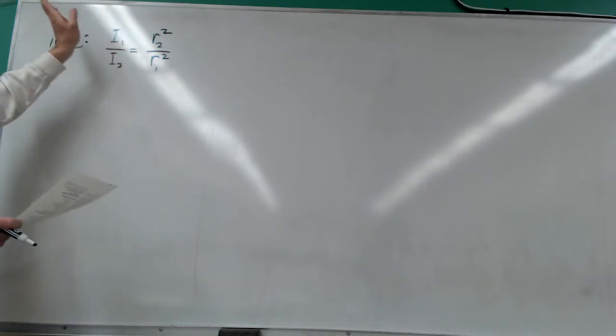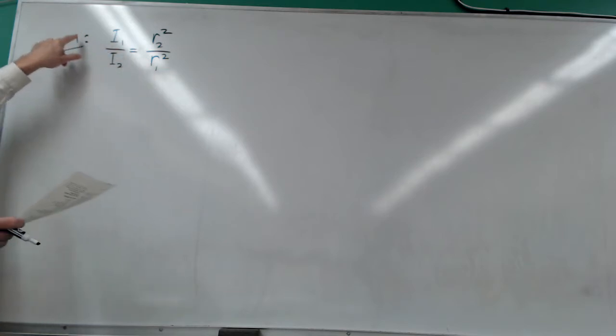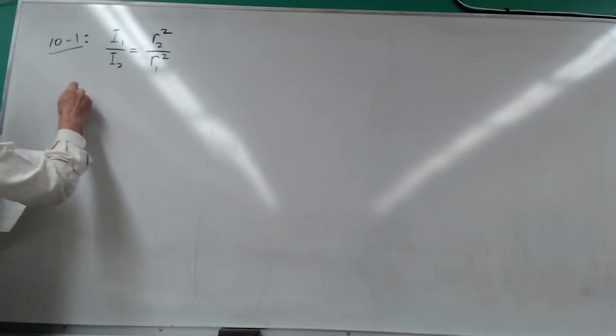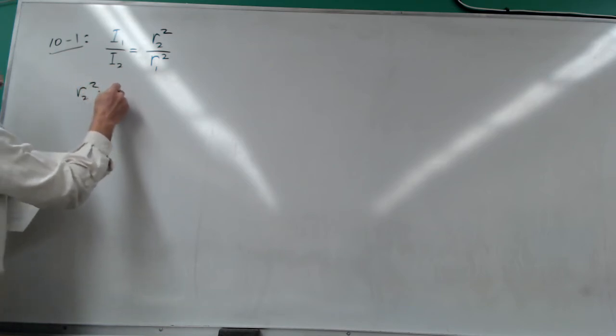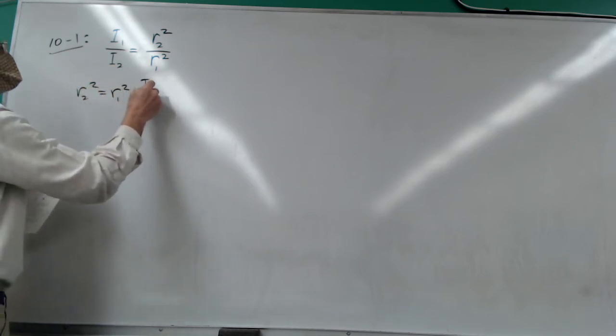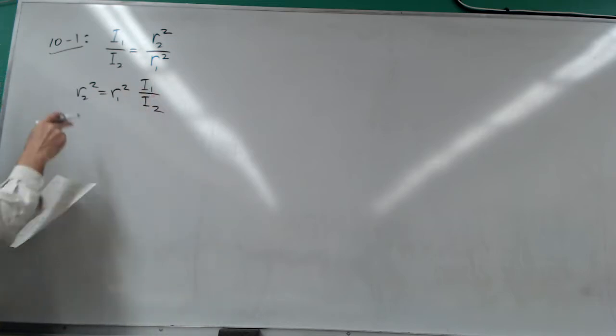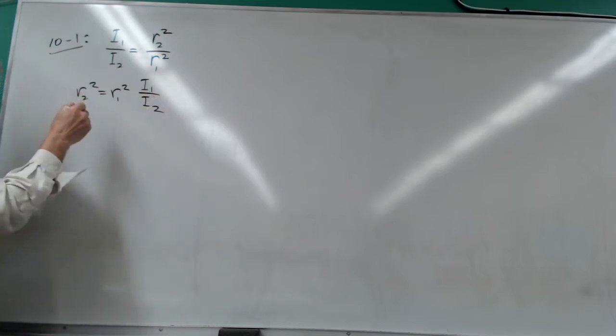Whether the numbers have been put in or not, you're going to multiply both sides by R1 squared in order to solve it for R2 squared. And then finally, take the square root of both sides.